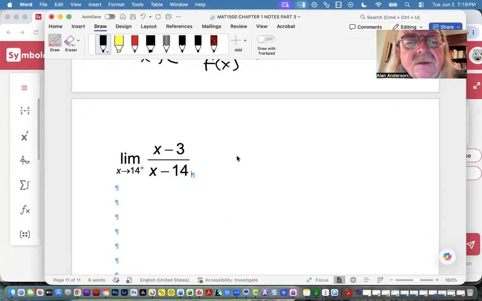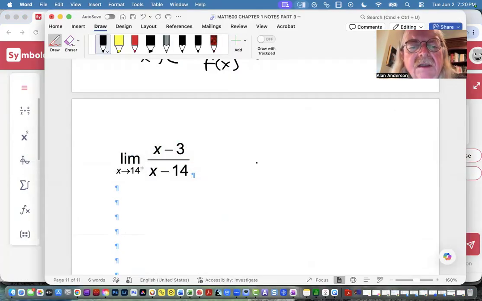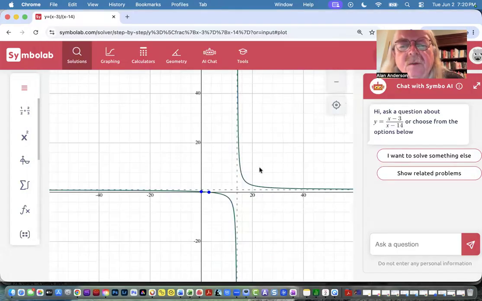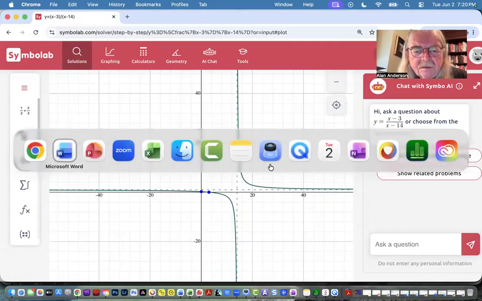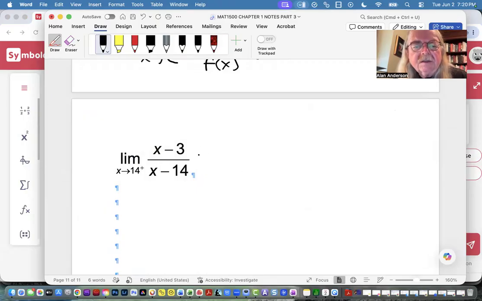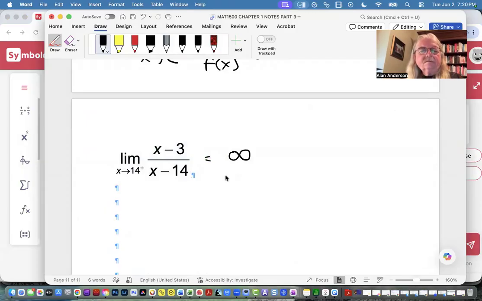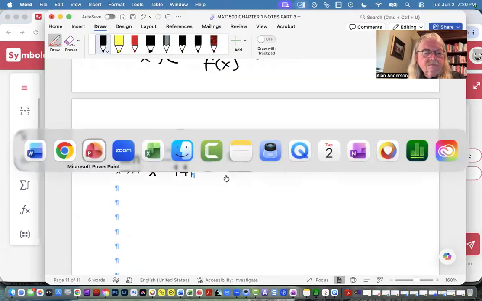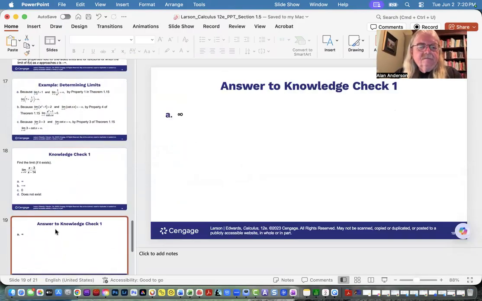Okay, so therefore, now we're approaching from the right. Because of the way that you can see within the graph, as we get closer and closer, this would be infinity. If we were approaching from the left, it would be negative infinity. So therefore, it's A.